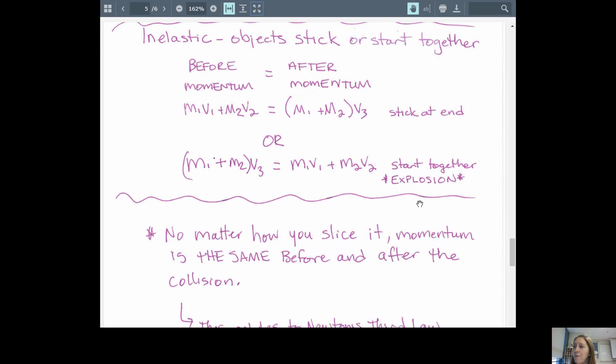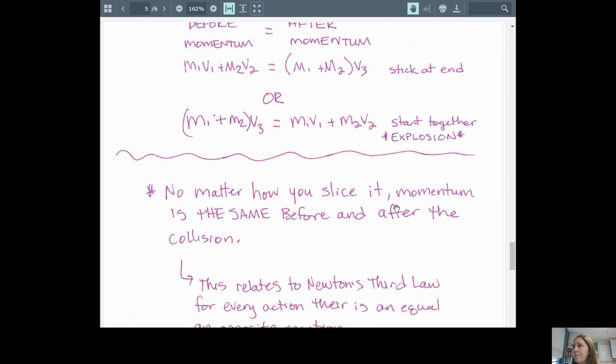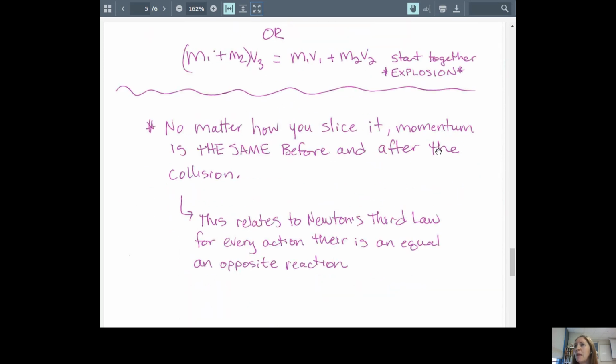So for example, if you were shooting a gun and your bullet and gun were starting with 0 velocity initially, and then the person and gun and the bullet were having two different velocities at the end. So all I did was flip-flop my left and my right sides, but it's the exact same equation. And those are known as explosions.